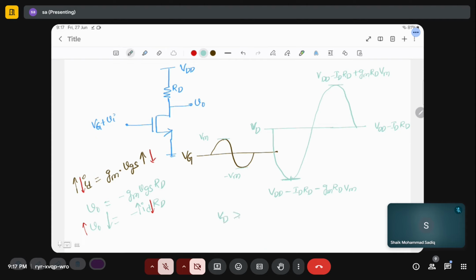At any point, VD should be greater than or equal to VG minus VT. As we discussed earlier, VD can go 1 VT below VG. This difference can be 1 VT.